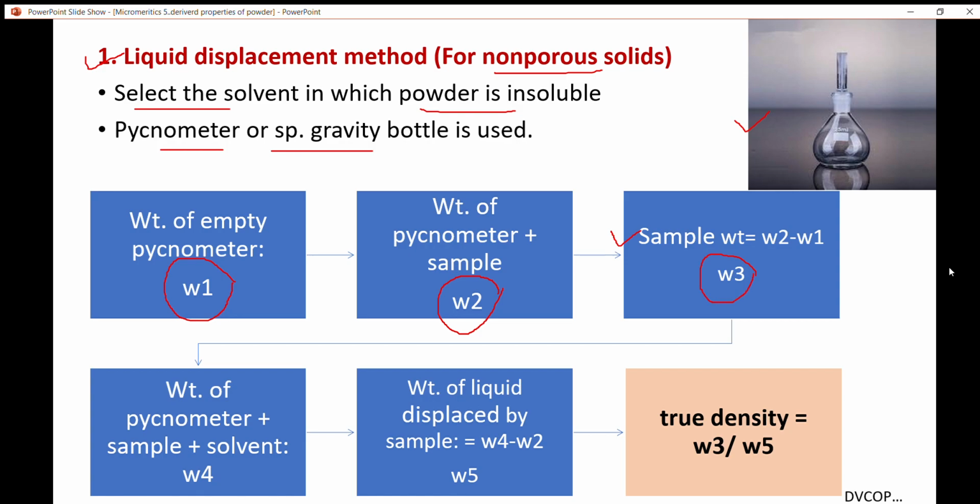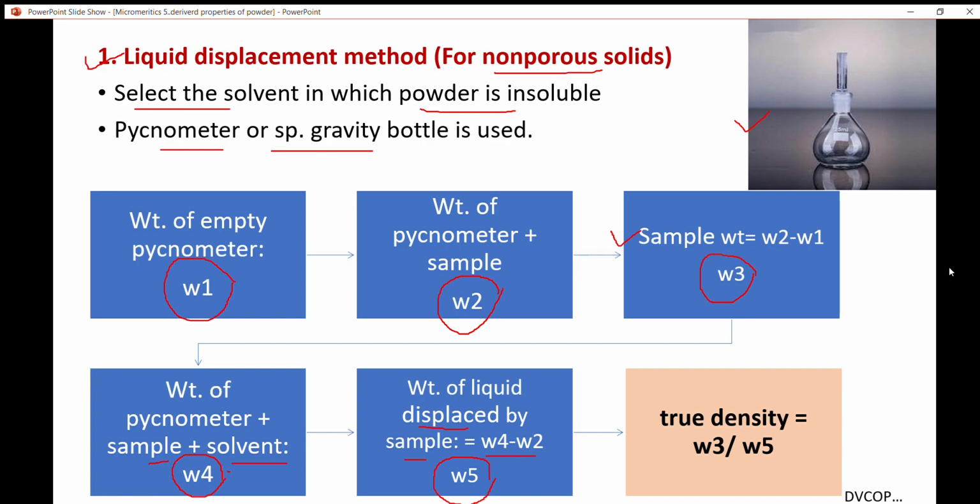Then in this bottle add the solvent in which the sample is insoluble and note down the weight of pycnometer plus sample plus solvent, that is W4. Then we find the weight of liquid displaced by the sample, calculated by subtracting the weight of pycnometer plus sample, that is W2, from the weight of pycnometer plus sample plus solvent, that is W4, and we get W5, the weight of liquid displaced by the sample.